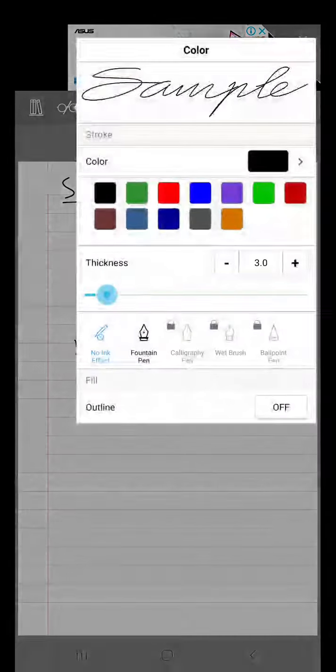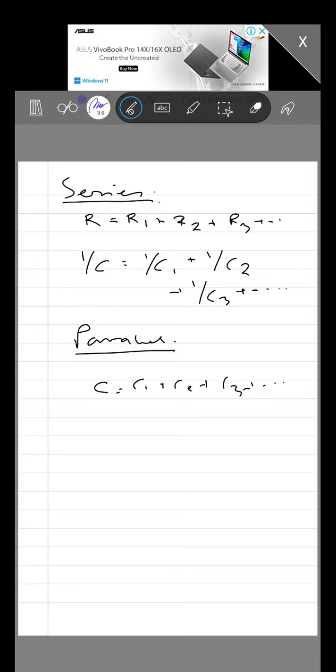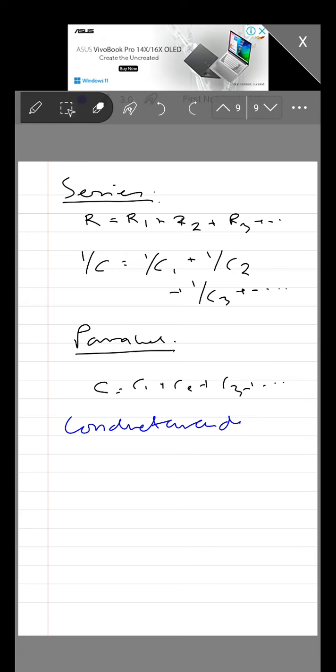Now the conductance of a tube depends upon its diameter. C is proportional to d cube.